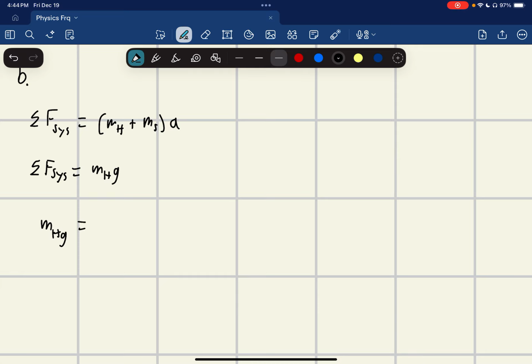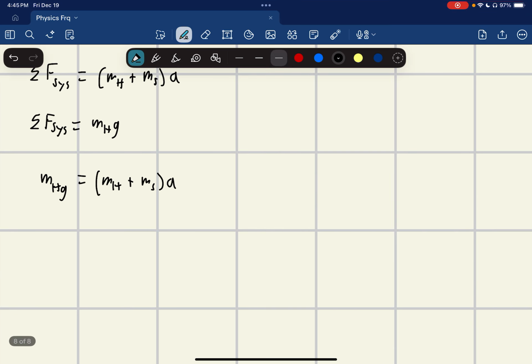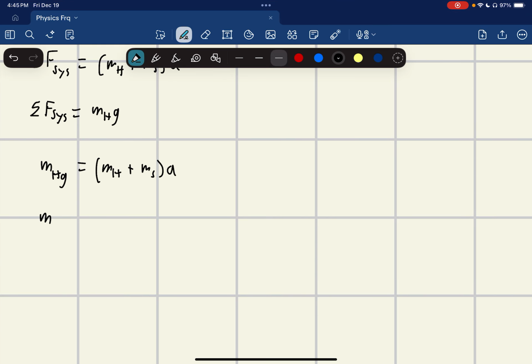mHg is equal to mH plus mS times A. And here we would just isolate for A by dividing the two masses over. So it'd be mH times g all over mH plus mS is equal to A. And that is the acceleration for block H. And we can do this using the system because both blocks have the same acceleration.